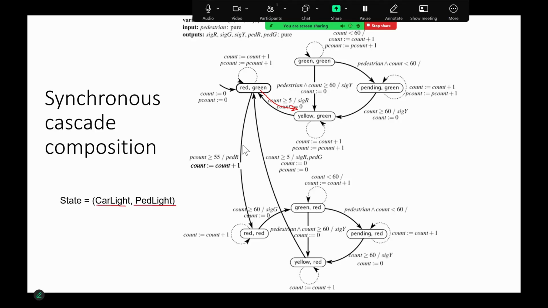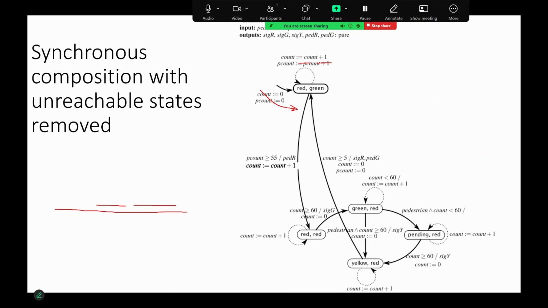So the first argument in the state here is the car and this is the pedestrian, as written here. So you can remove the unreachable states and don't draw them, and write that you didn't draw the unreachable states.